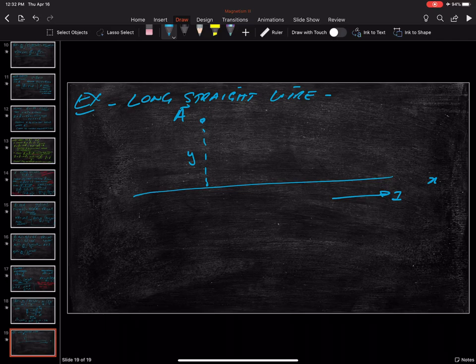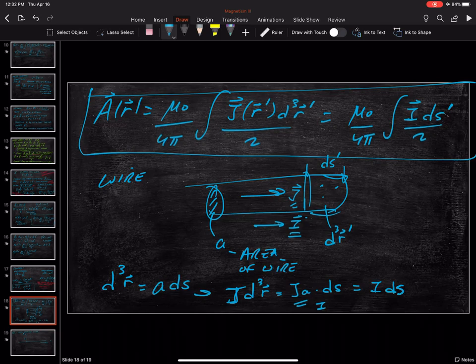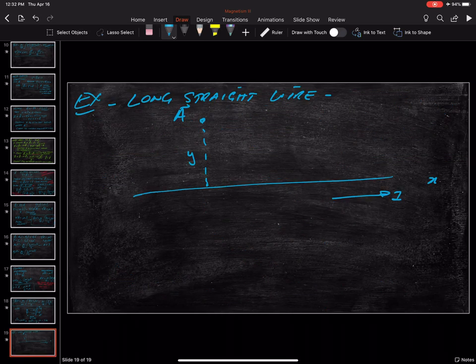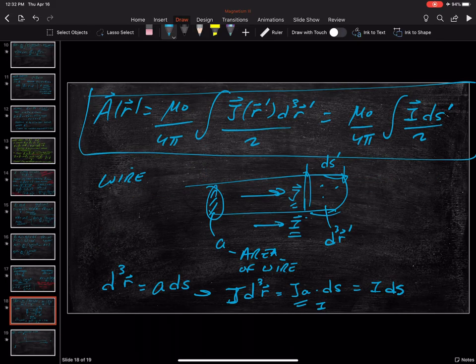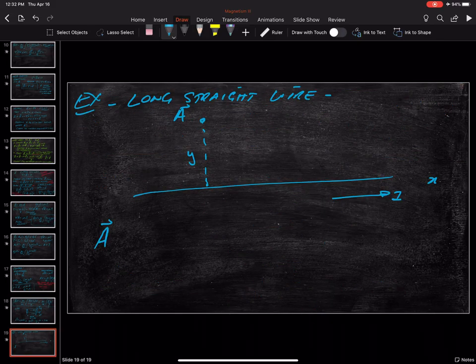How do I do it? Well, I can do it a couple of different ways. One, since I'm looking at just a current here, I want to use this form now. A is equal to mu naught over 4 pi integral I ds over r, where r is the distance to each little segment.